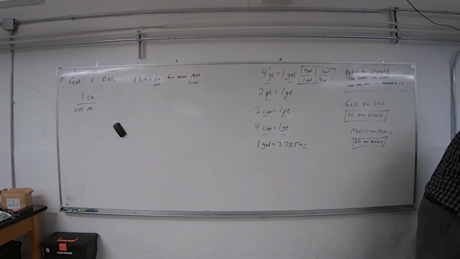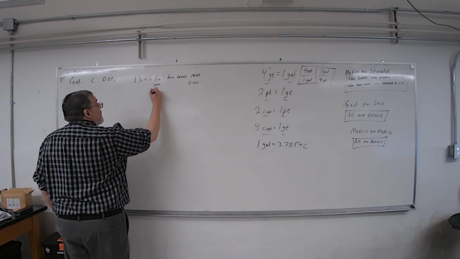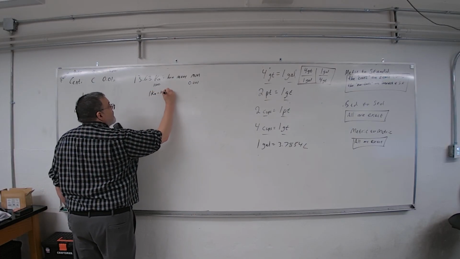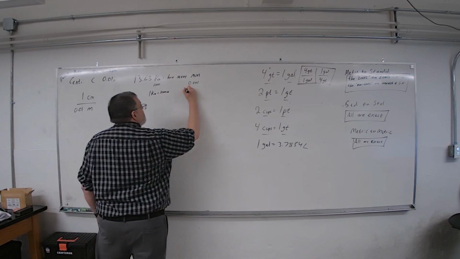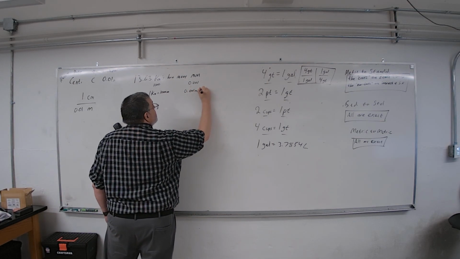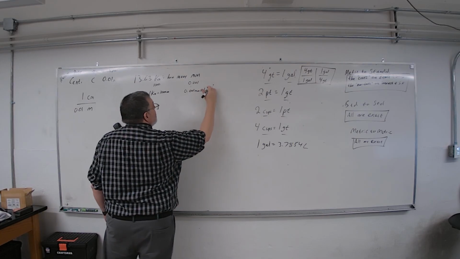So millimeters, 0.001, kilometers, 1,000. What that means is 1 kilometer equals 1,000 meters. And this means 0.001 meters equals 1 millimeter.